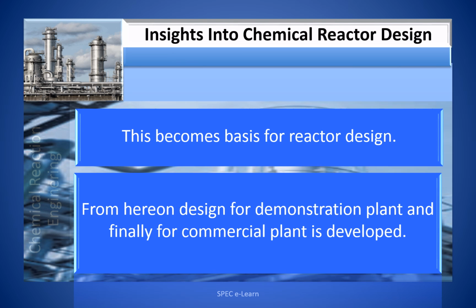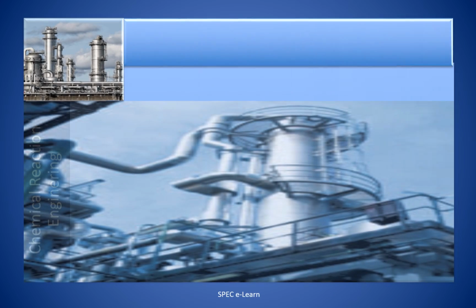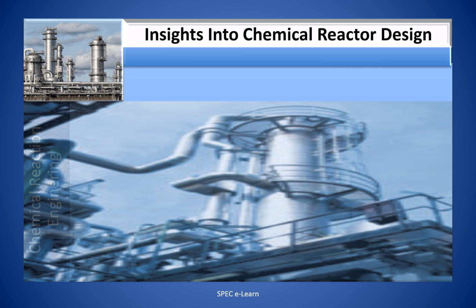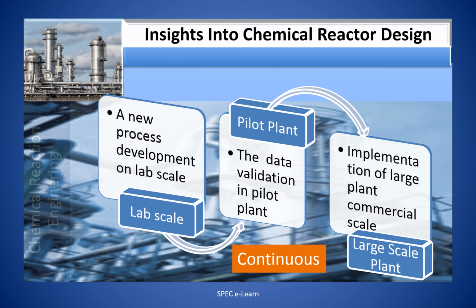From here on, design for the demonstration plant and finally the commercial plant is developed. This figure illustrates how the design development of a reactor takes place from a lab scale to a large scale commercial plant.